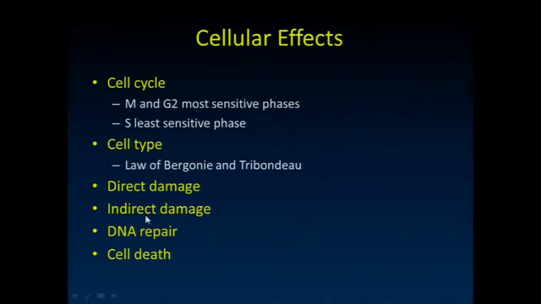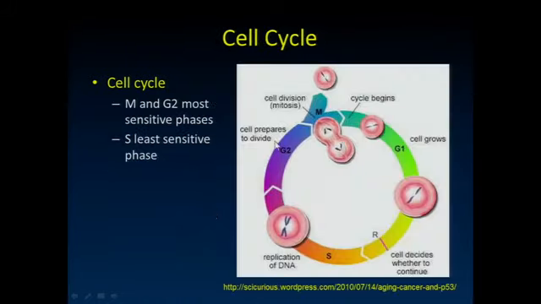Our body has mechanisms to repair that, and sometimes if the damage is great, the cell will just die from that and not propagate the damage that's occurred. That's another part of the reason why we don't see a bunch of cancers from any radiation effects. Our body is set up to repair some of that.